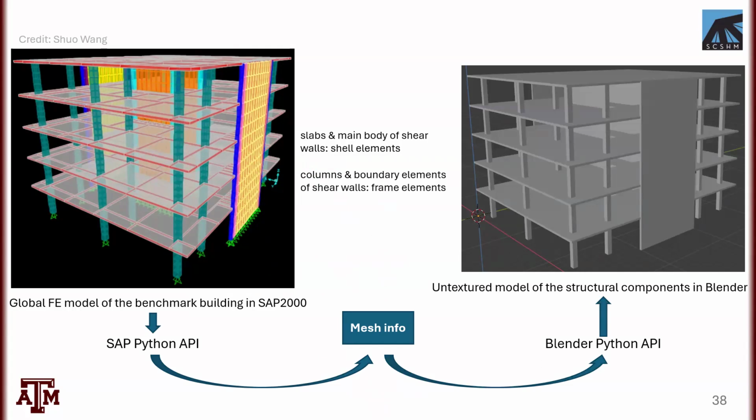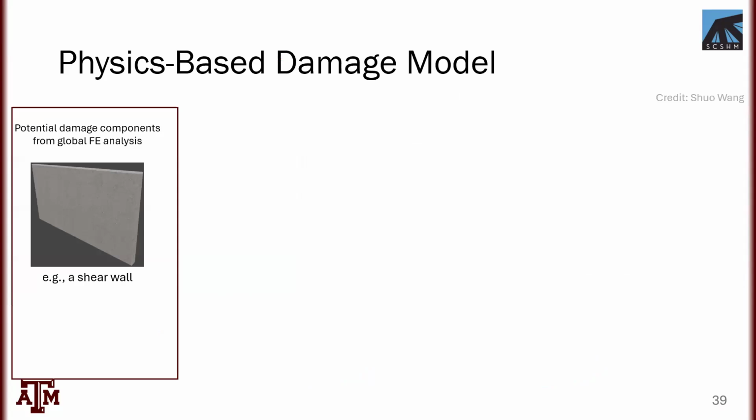So we can get geometric information, and we can get element types, connectivities, as well as general displacement or modal information, all of which can be shifted into Blender. So once we run the finite element analysis, we identify where damages might be occurring, and we then deploy our physics-based damage model, being the more high-fidelity, rigorous finite element analysis.